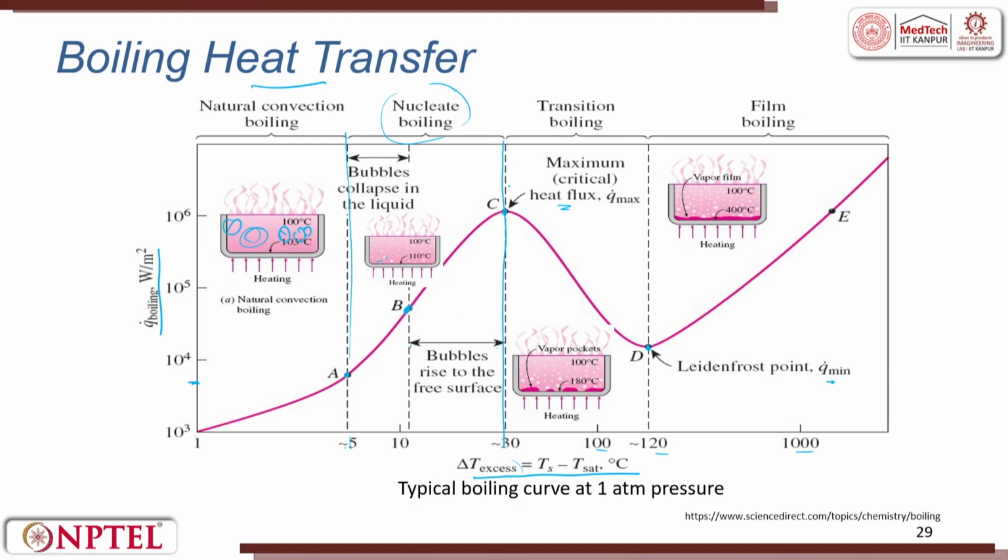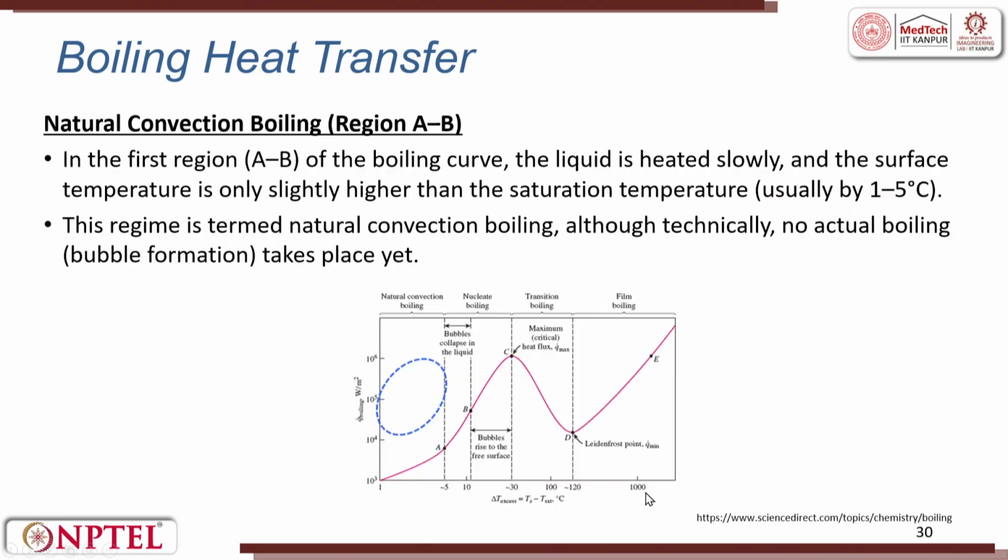Then there is a transition boiling, and from there the Q boiling falls down. The vapors go up and then form a film, so film boiling happens. This figure is very important, friends. This is a typical curve at only 1 atmosphere pressure. If you change the atmospheric condition, the entire thing changes.